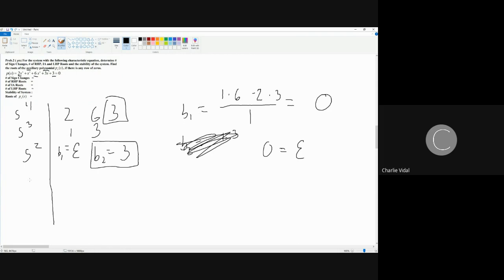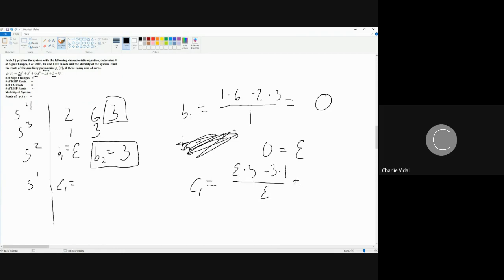Let's move on. S1. We're trying to find C1. C1, hold on. C1 is equal to epsilon times 3 minus 3 times 1 over epsilon.